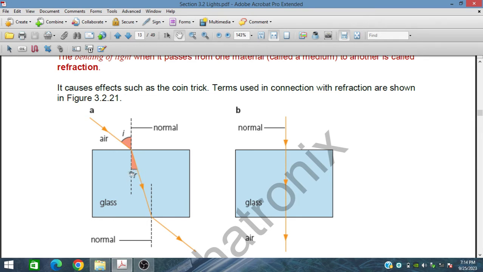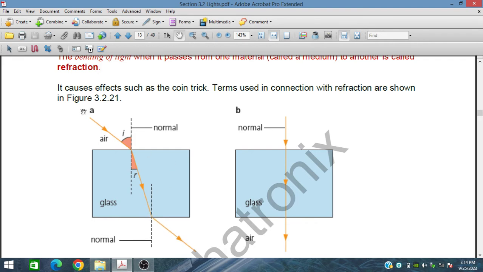So this is the refraction angle, and when it goes from the heavy medium into the lighter medium again, it moves away. When a ray from a denser medium enters a lighter medium, it moves away.